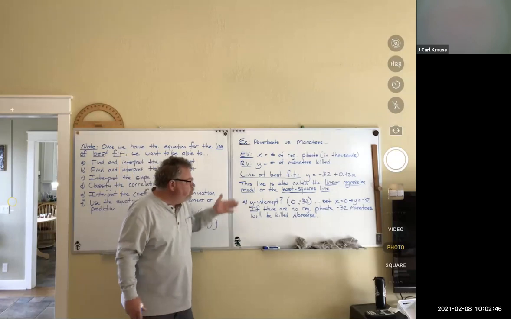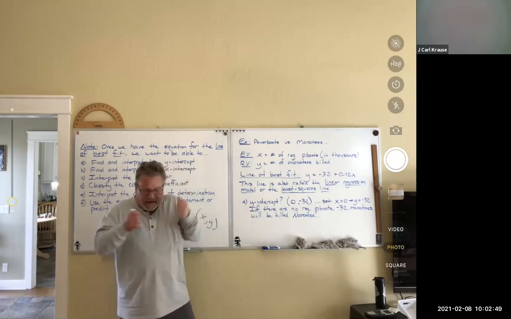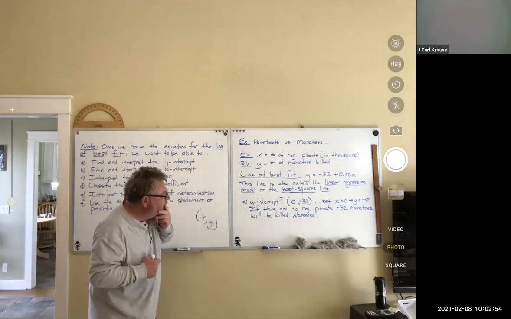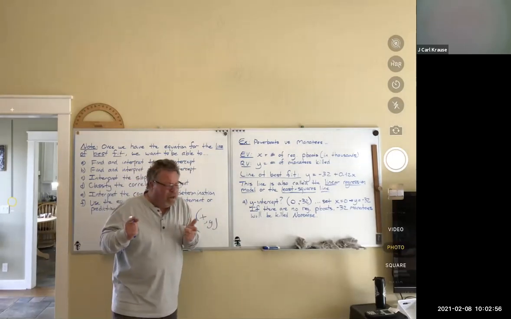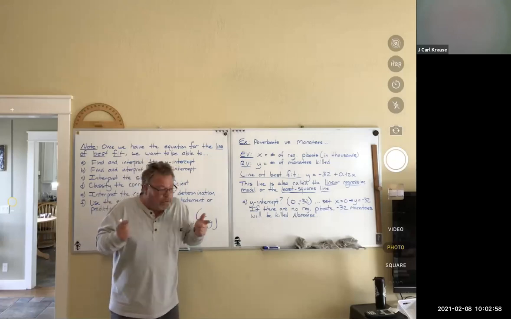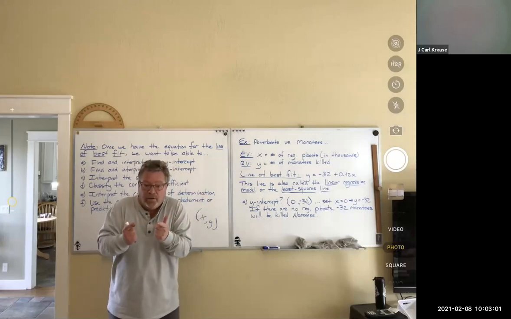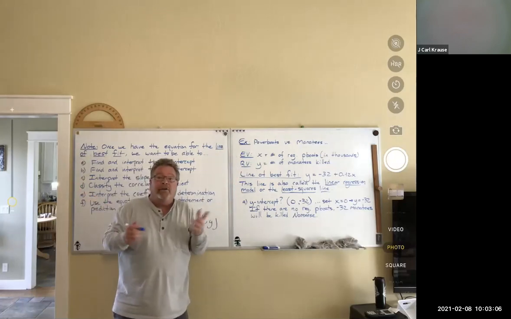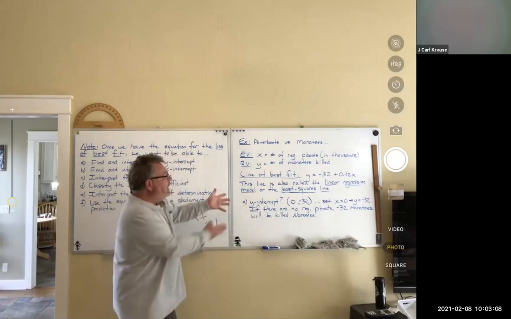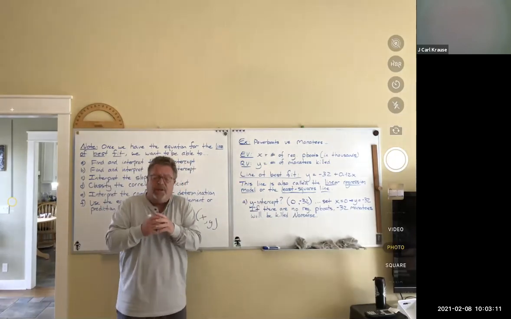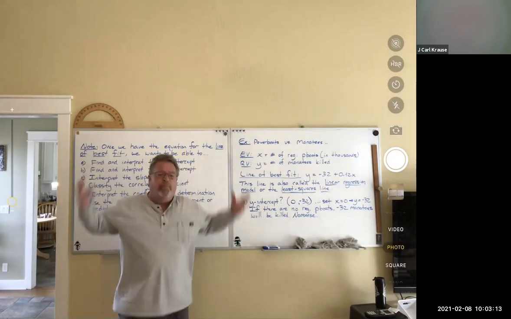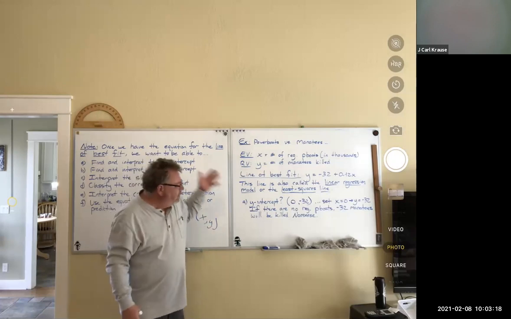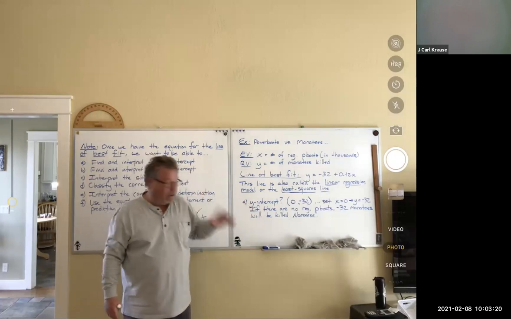I've seen students dwell on this, and they say, I've got to get some meaning out of this. What does this mean? 0 registered powerboats, negative 32 manatees killed. How can you have a negative number of manatees killed? Well, that means manatee births, manatees showing up. Yes, in the absence of powerboats, manatees would flourish and there would be 32 births every year. That's nonsense. This statement is meaningless, so just move on.